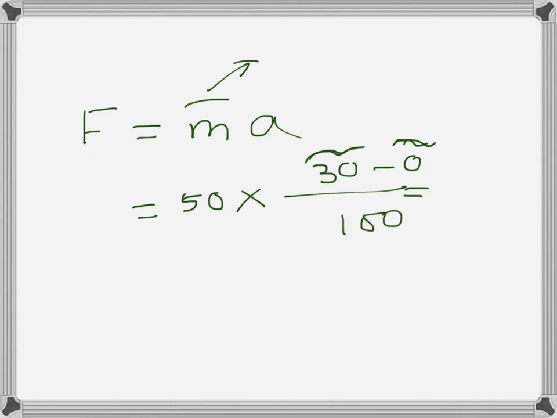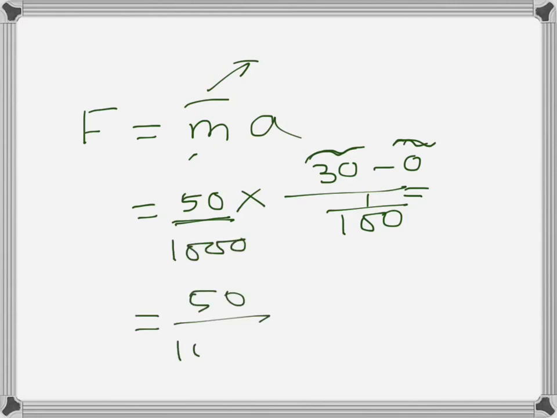There is one more thing. This mass was in grams, so we need to convert it into kilogram as well. So we have to divide this one by 1000 because that's in kilograms. So 50 over 1000. We have to be very careful about the units always. Everything has to be in MKS units.